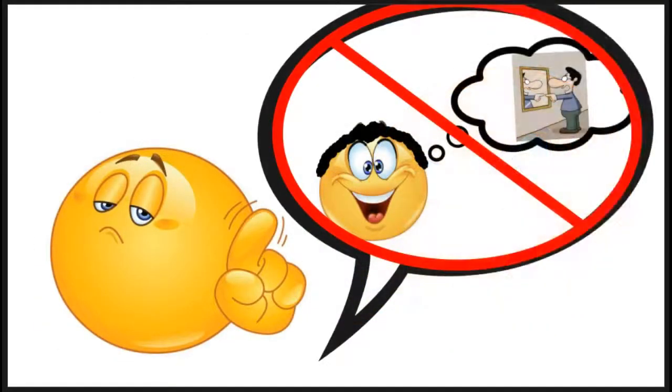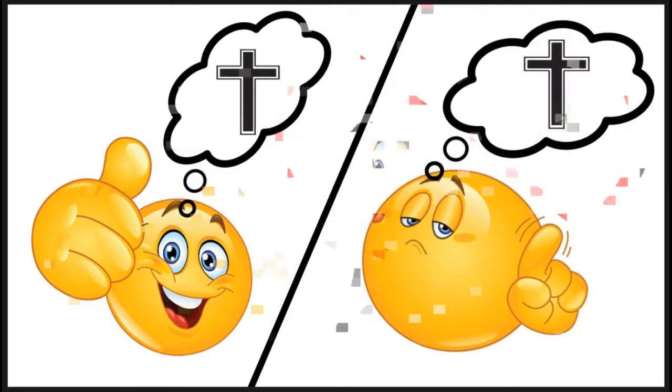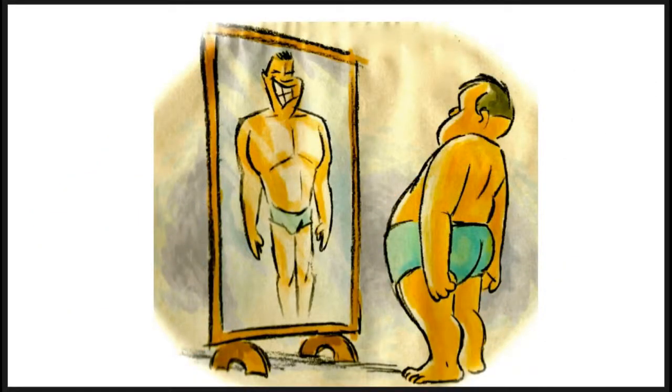Sixth objection. Someone may claim that self-deception is impossible, that you cannot know something and not know it at the same time. The response to this is, self-deception is not holding two contradictory beliefs at the same time.